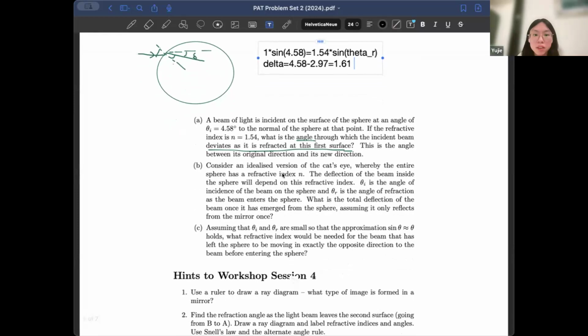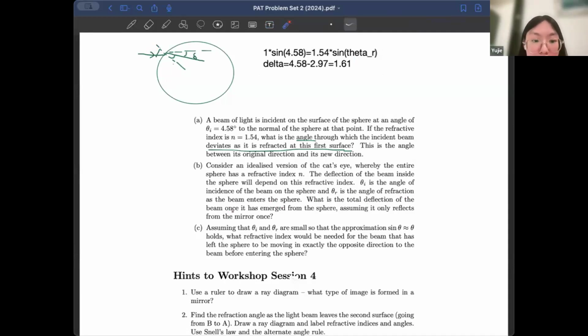And for the second part, consider an idealized version of the cat's eye, whereby the entire sphere has a refractive index n. The deflection of the beam inside the sphere will depend on its refractive index. And theta I is the angle of incidence of the beam, and would just be this one. And theta R is the angle of refraction as the beam enters the sphere.